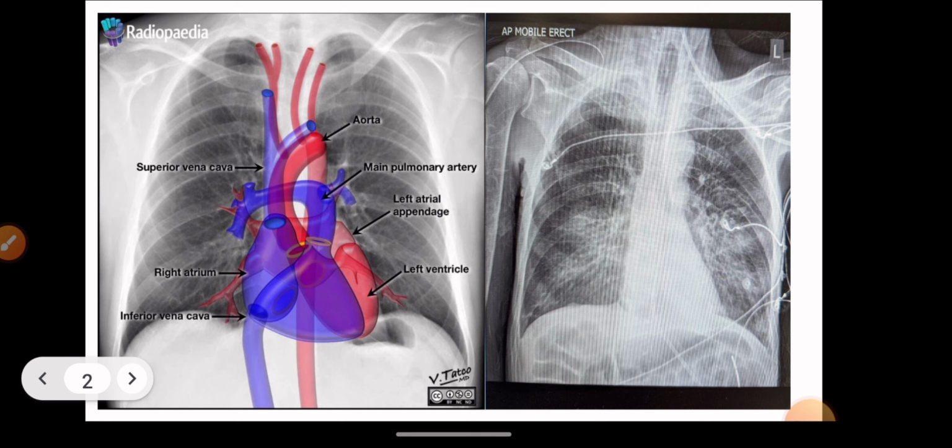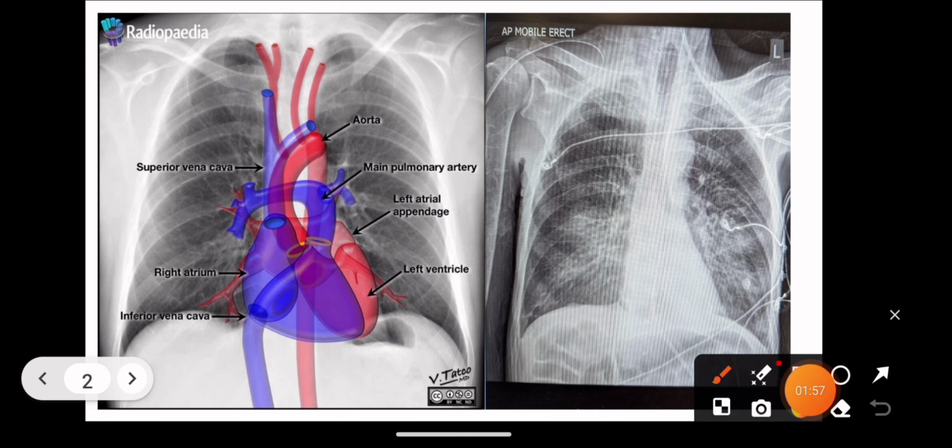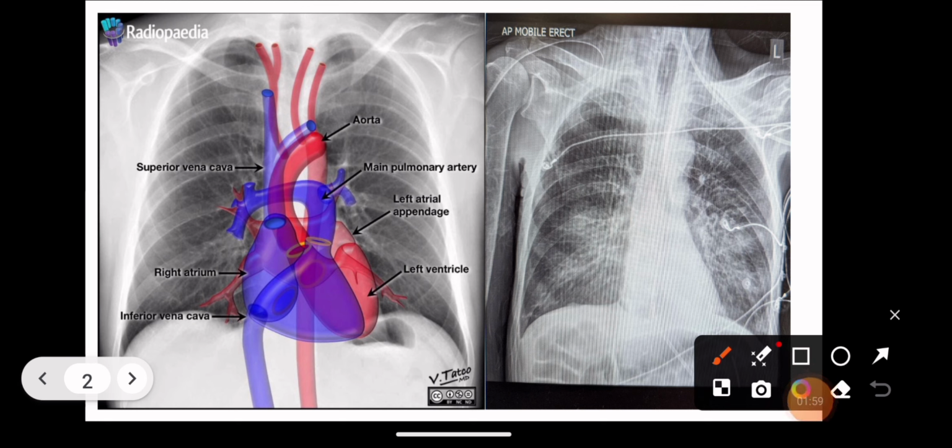We can see the cardiophrenic and costophrenic angles reasonably well, except on the left, and if I can find my little paintbrush, we'll see, there is kind of missing. So what we should be seeing there is black pixels between the diaphragm and the heart.